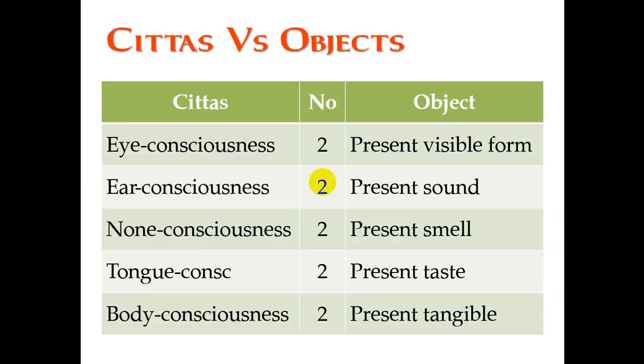Similarly, two types of nose consciousness take only present smells. And two types of tongue consciousness take only present taste. And two types of body consciousness take only present tangible objects. So these are the classification of chetas according to their objects.